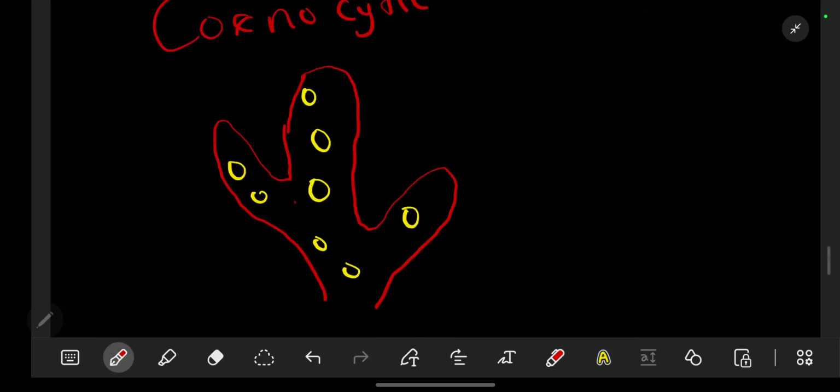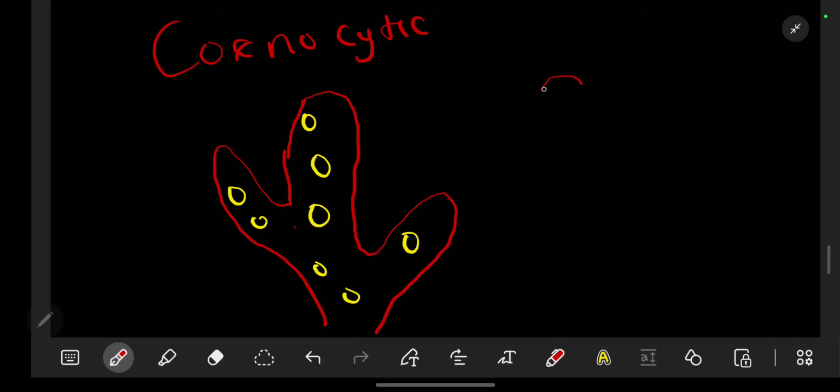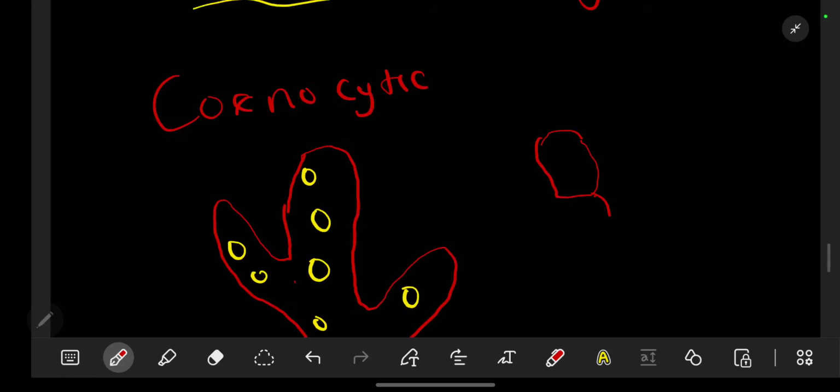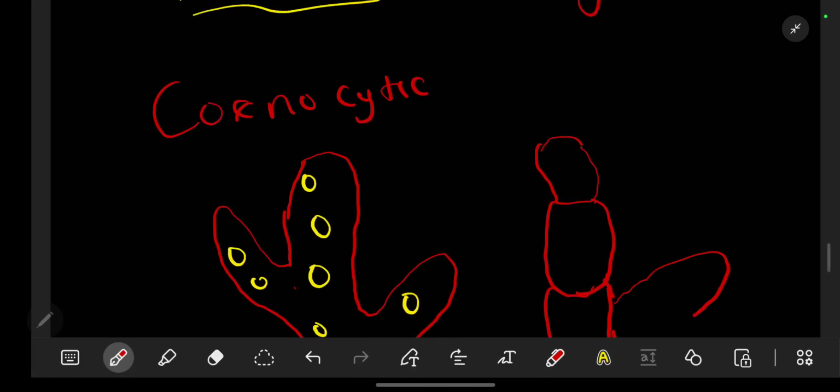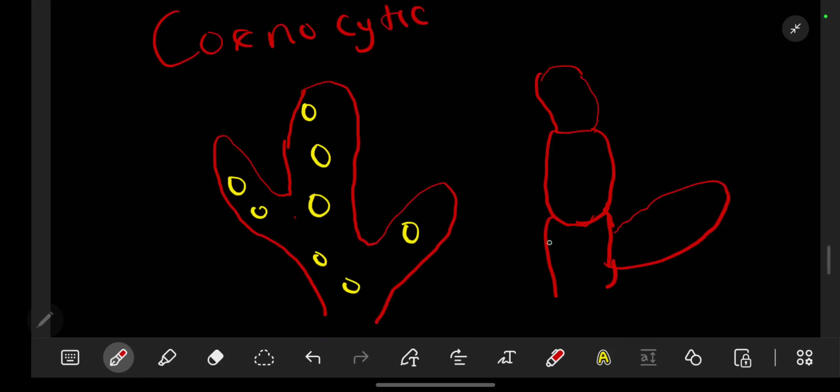But those that are segmented look like this. If we are looking at septate hyphae, meaning they have segments like this, you can have the nuclei like this, or like this.